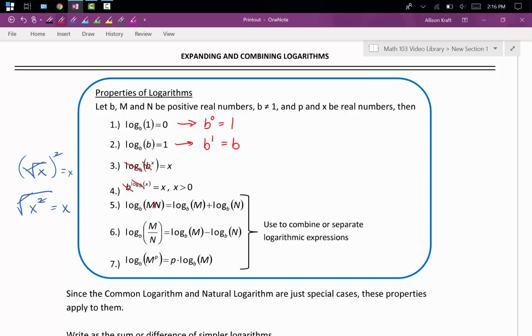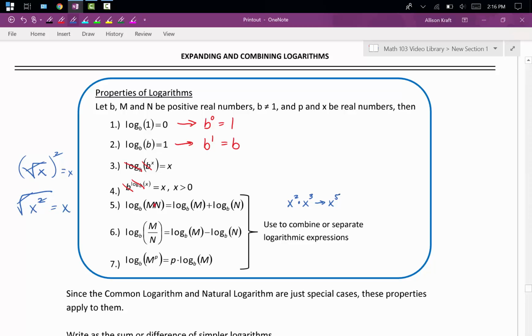I again draw on my knowledge of exponents to help me remember this property. If you're multiplying something like x squared times x to the third, we end up adding our exponents and getting x to the fifth. So I use that to help me remember rule number 5, that when there's a product in the argument of my log, I'm going to add them just like I did when I multiplied with my exponent rules.